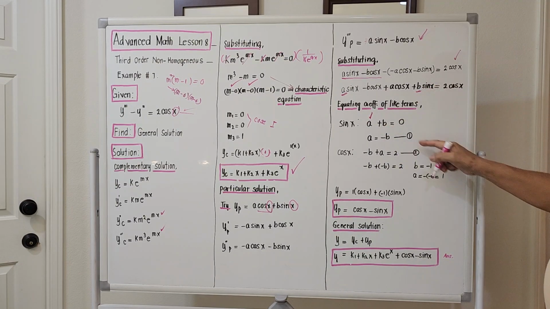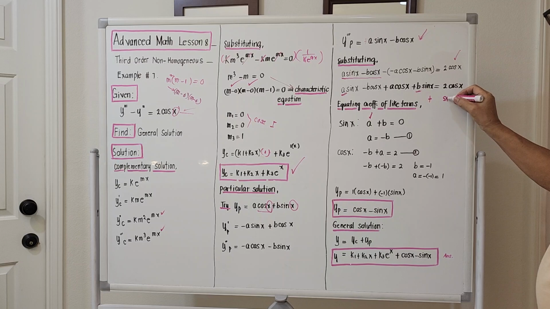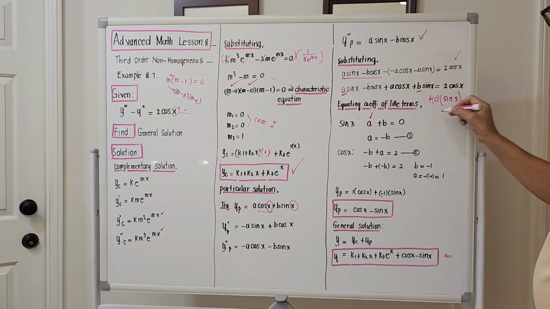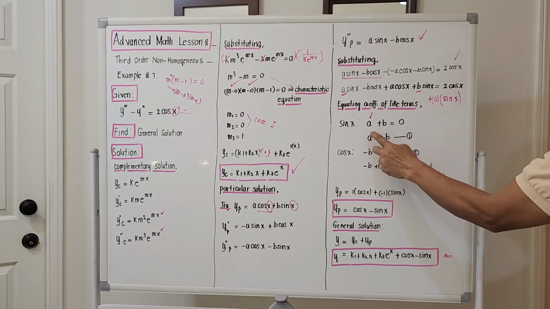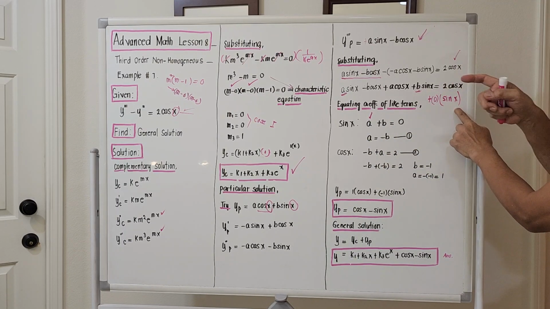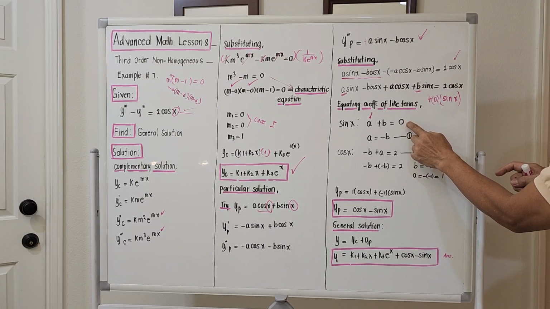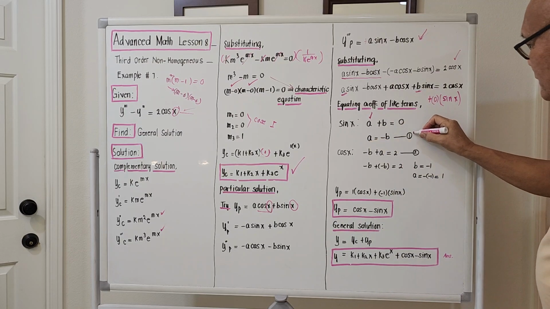On the right hand side, there is a sine of x, but unluckily, the coefficient is actually 0. So the right hand side will be 0. So a now will be negative b. We call this equation number 1.